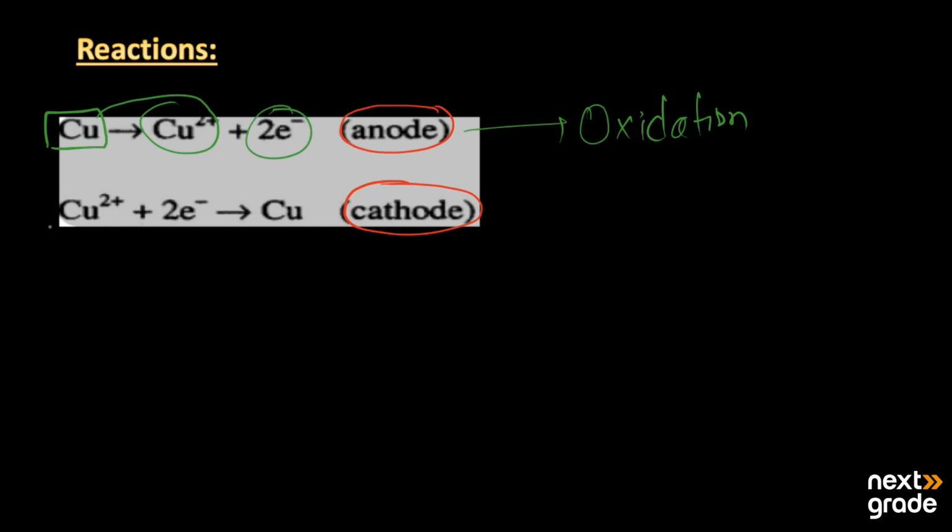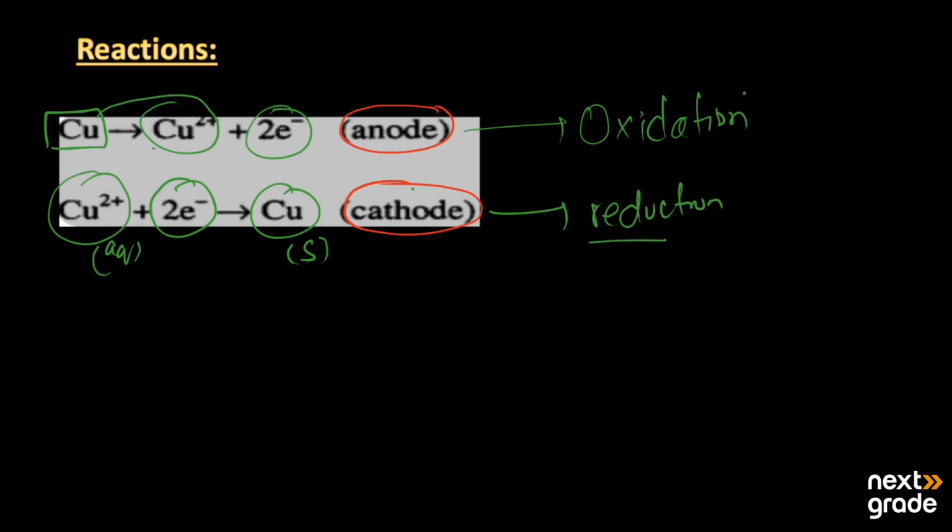On the other hand, when it comes into the solution, in the aqueous solution it gains two electrons from the cathode and gets deposited over its surface as solid copper. So here the gain of electrons takes place. It is known as the reduction process, and overall this process is known as the redox reaction that takes place in this electrolytic cell.